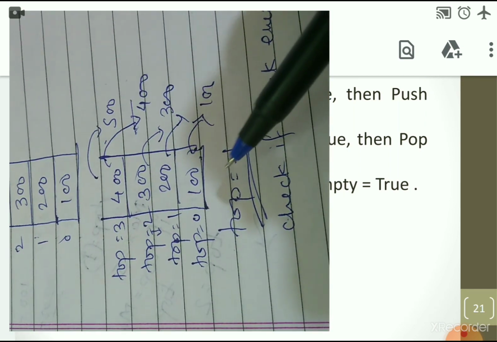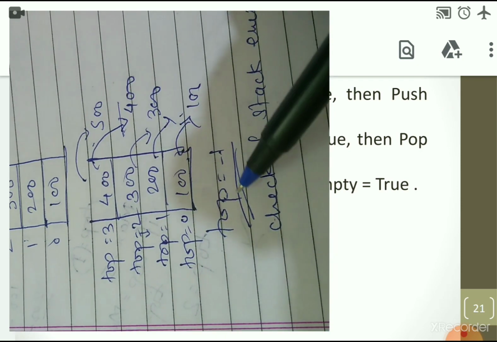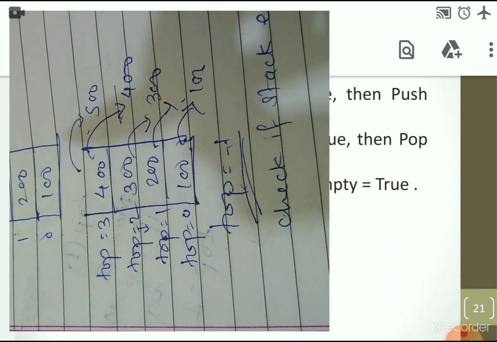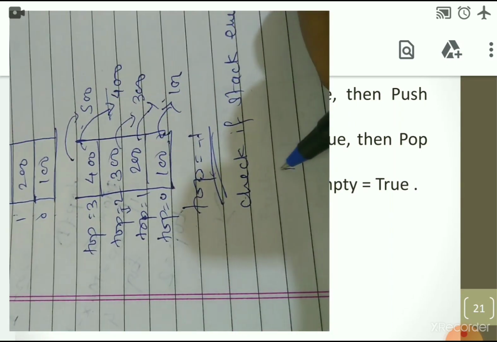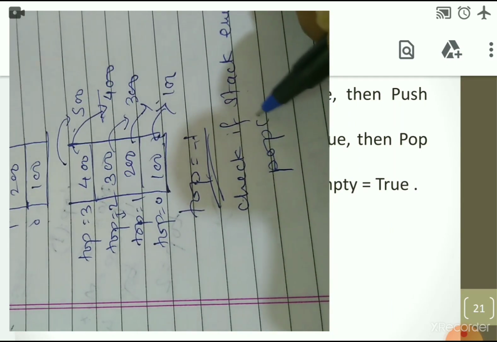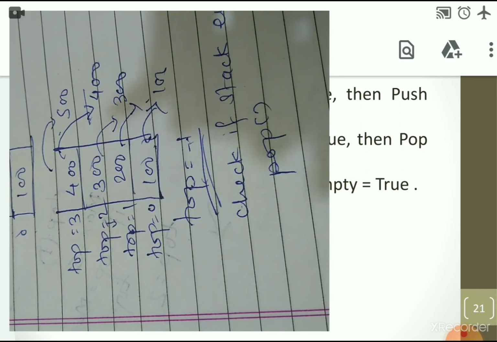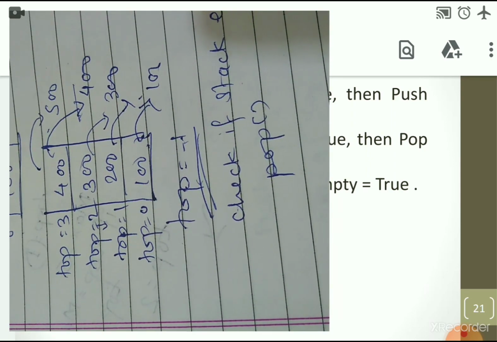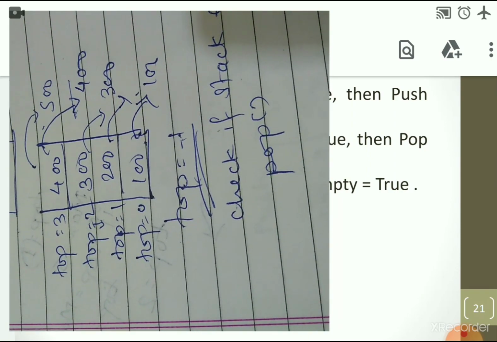But when we have deleted all these elements, top is equal to minus 1 and now the stack is empty. Now if I again call the function pop, at that time there is no element in this stack, so the stack is empty and we cannot delete more elements from the stack.